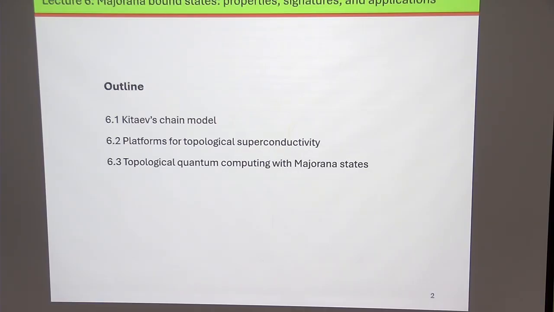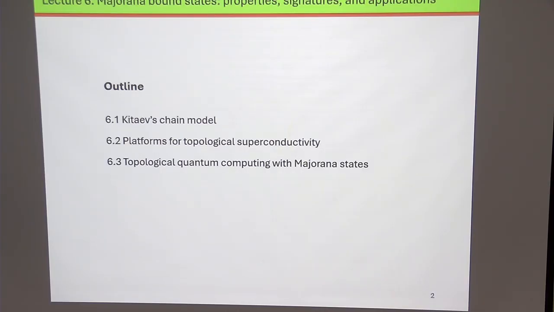Okay. So then we'll go through this Kitaev chain model, in which we will need another topological invariant, a C2 invariant. In the SSH model, I showed you how to calculate the winding number. Now I'll show you another topological invariant that you can use.